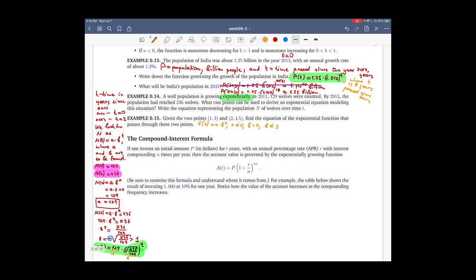We are told that f at 1 is 3 and that f at 2 is 4.5. On the other hand, f at 1 is a times b to the power 1, which is just ab, and f at 2 is a times b to the power 2, ab squared, and that's 4.5.